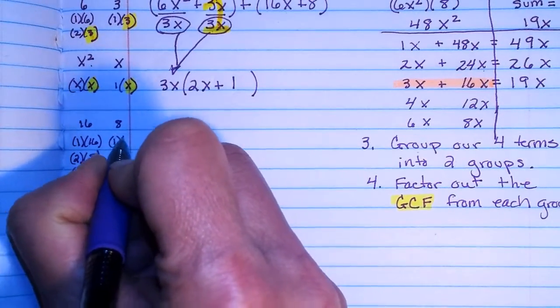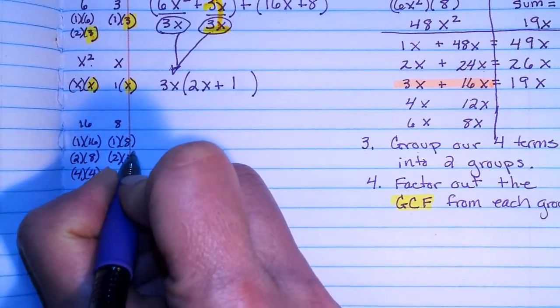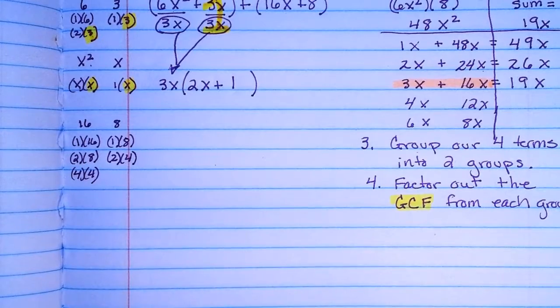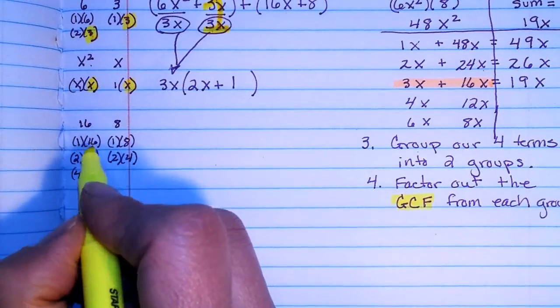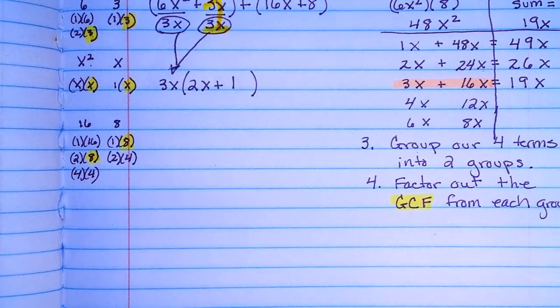Factors of 8: 1 times 8, 2 times 4, and then there's nothing else. So the largest number is 8. That's my greatest common factor.